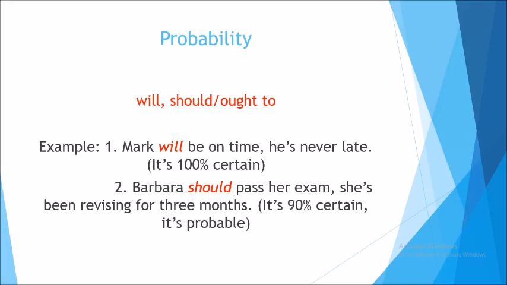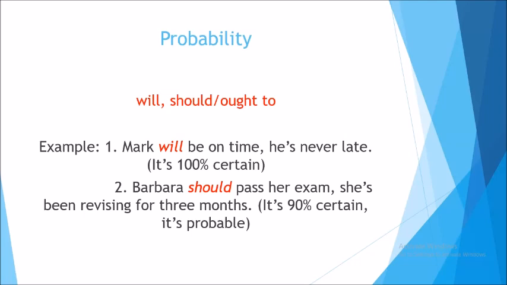You have two examples below. Mark will be on time. He is never late. And this means it's 100% certain because the speaker knows Mark and he knows that he's never late. So we use will when we are certain.